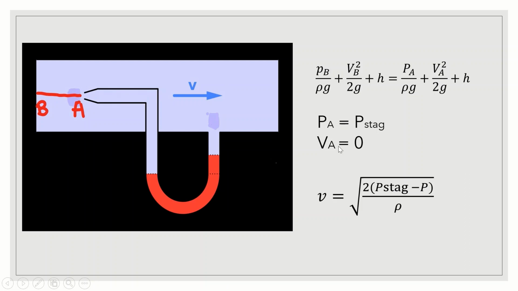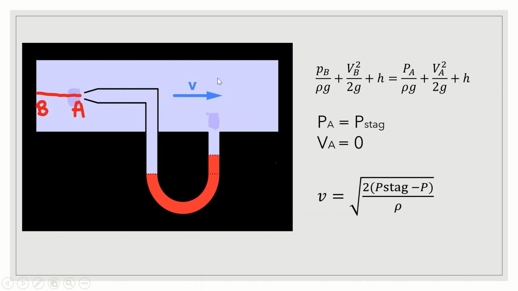VA is 0, and eventually we'll get the velocity at point B to be root over 2 times (P stag minus P) upon rho, where rho is the density of the moving fluid. So now we have the velocity of fluid at the streamline AB.